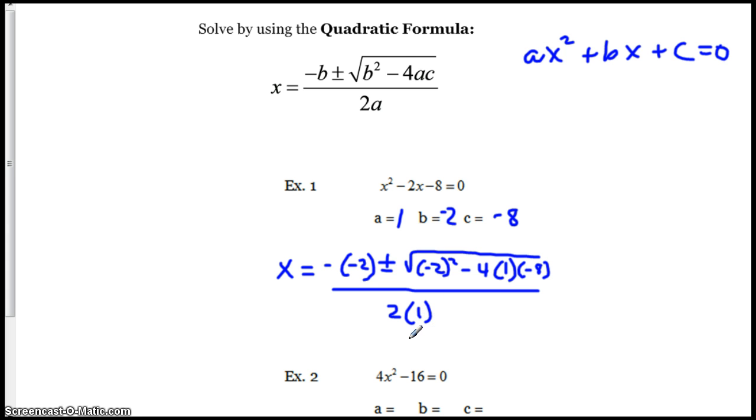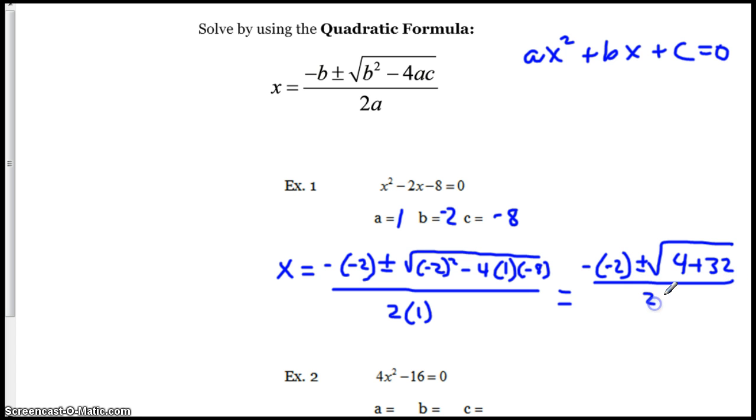So then we're going to simplify. Always start with the square root. It's inside the parentheses. Remember our order of operations. So we would have -2 squared would be 4, and then a minus 4 times 1 times -8. So -4 times 1 is -4. -4 times -8 would be plus 32.